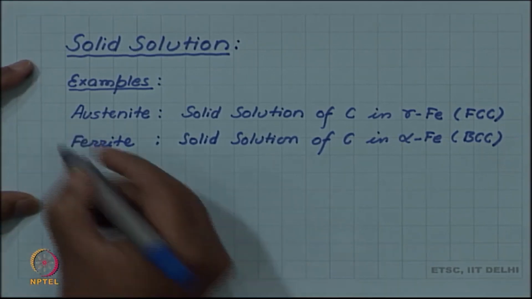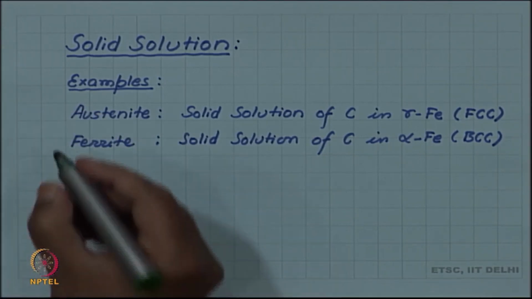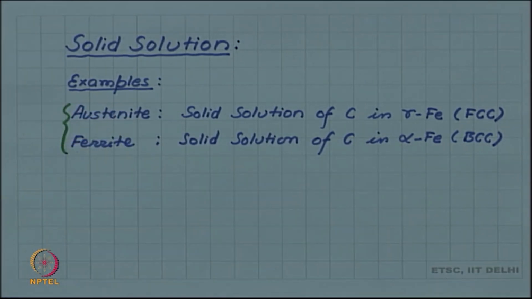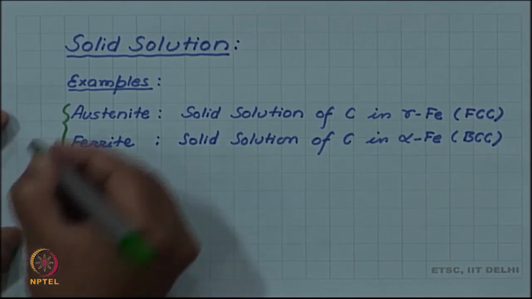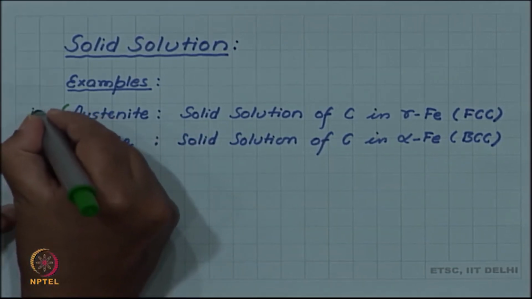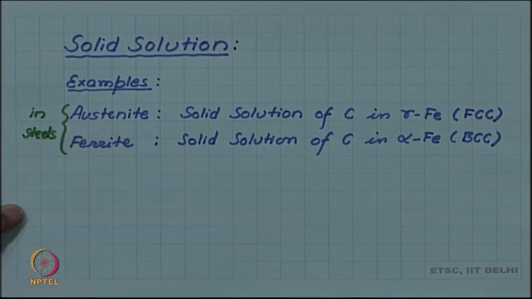So, both of these phases are very important in the structure of steel. We will discuss steels at some point in this course. So, when we discuss this, we will meet these phases again.